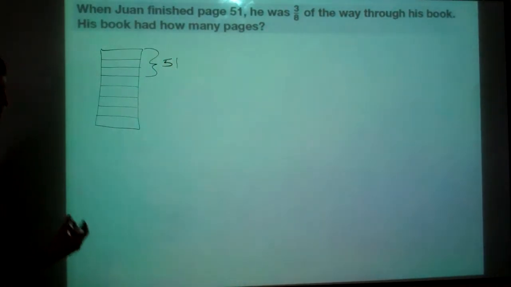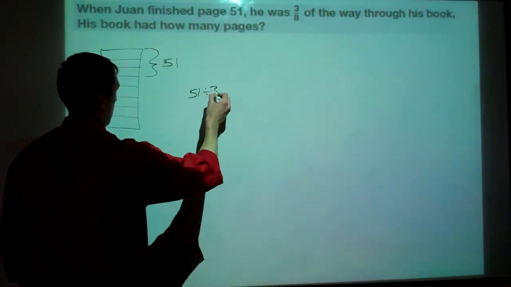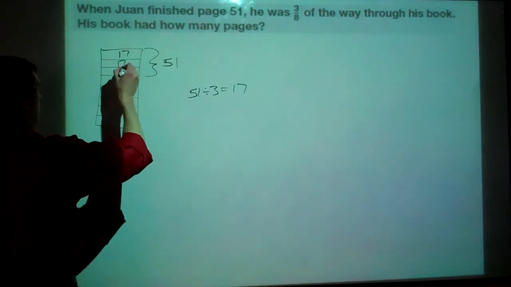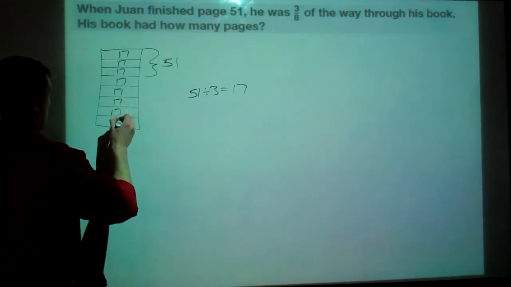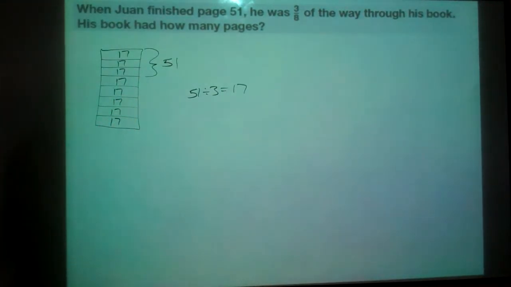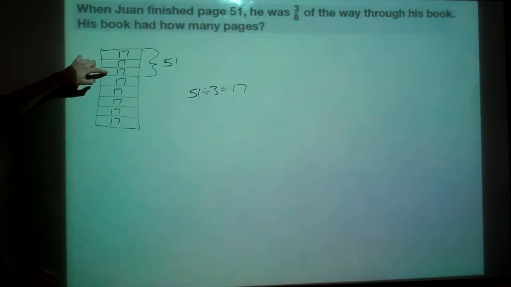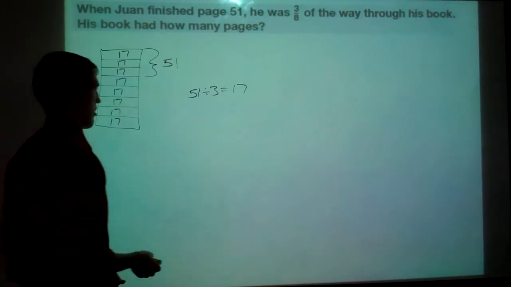So if we divide 51 by 3, we get 17. That's what goes in each box. So 3/8 of the way done, he was at 51 pages. That means we can take 17 times 8, and we should get how many pages there are total.